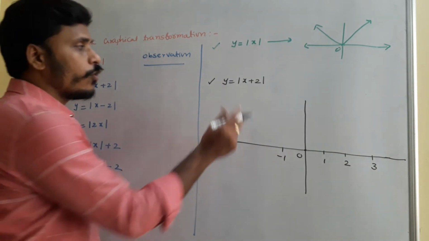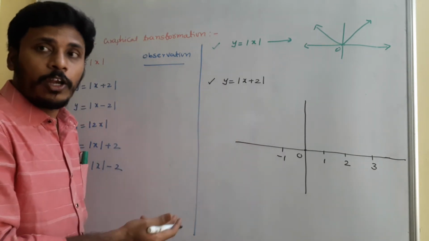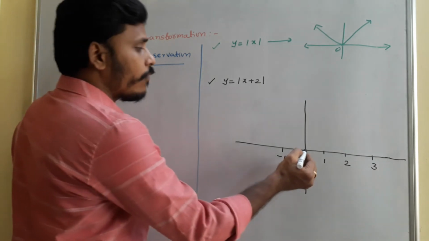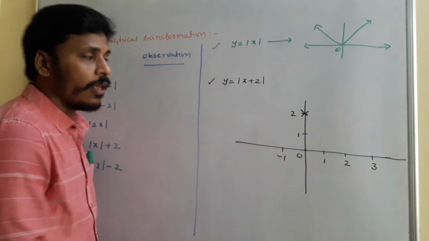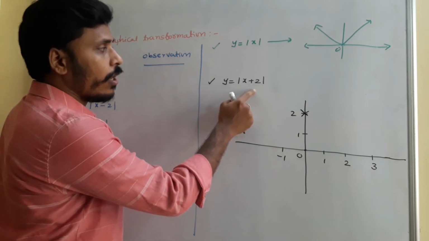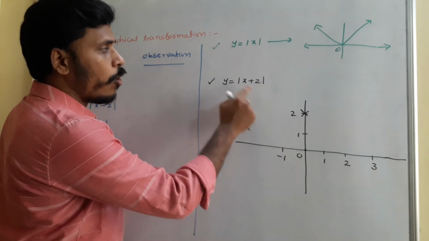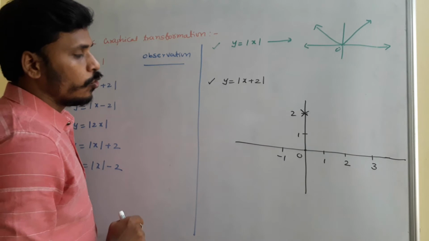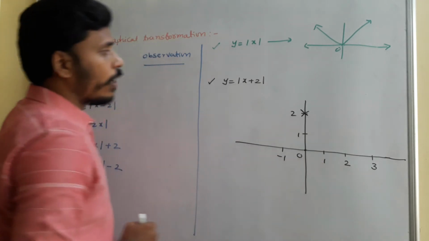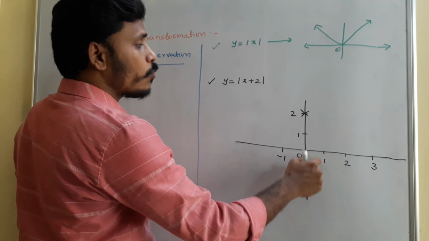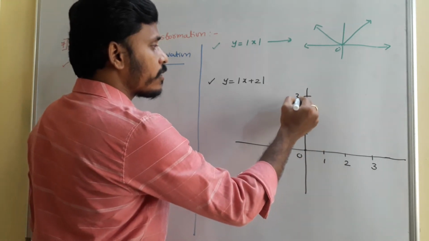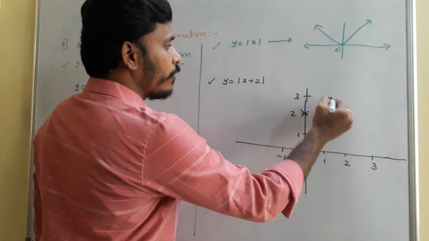See, if you wish to sketch this, take different values in the place of x and mark them. If x is 0, the value of y is 2. This is one particular point. If x is 1, what will happen? The value is 3.